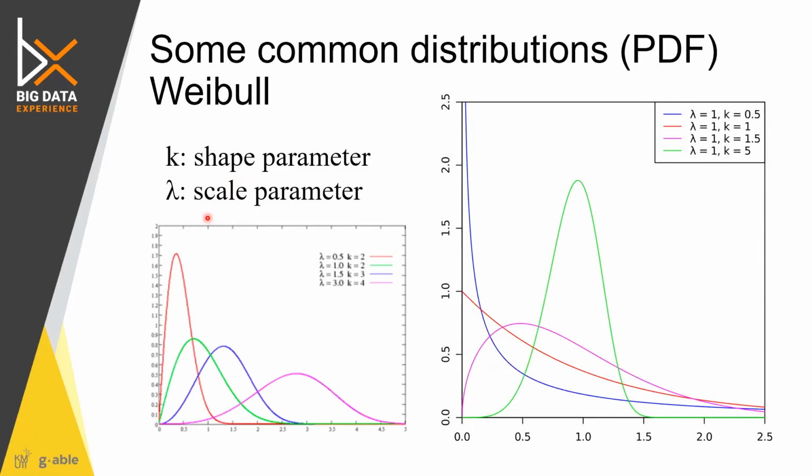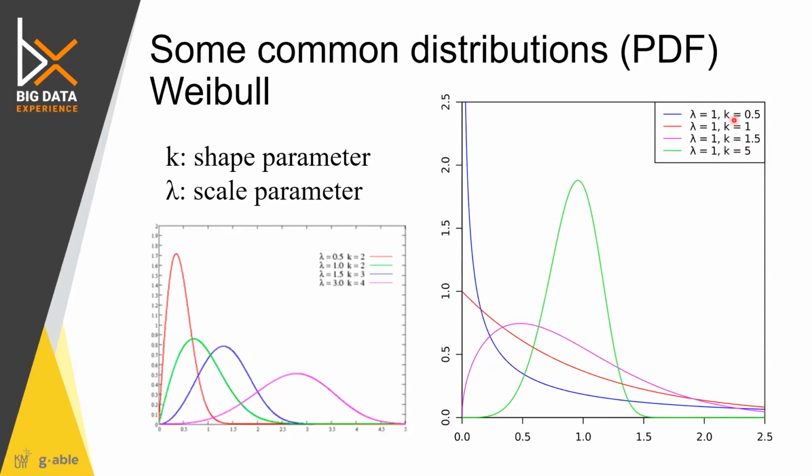When you take a look at the distribution here, if you change the value of k from 2 to 3 to 4, the distribution shifts from the green to the blue and to the magenta, right?